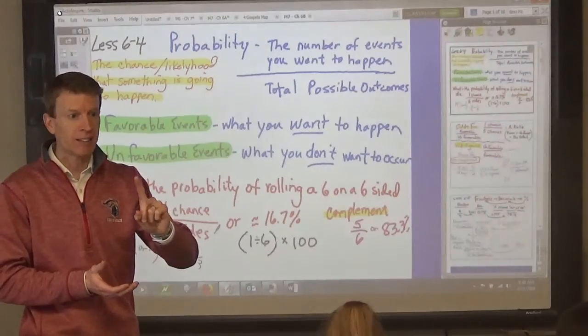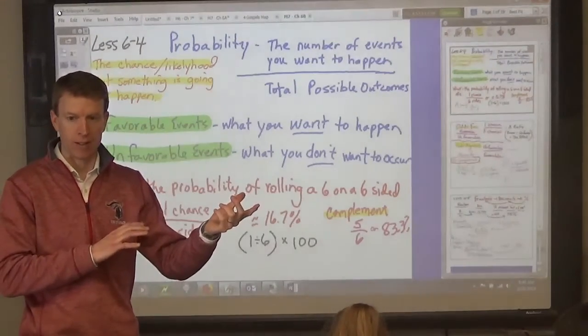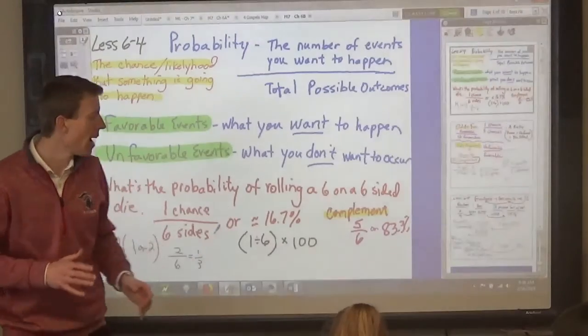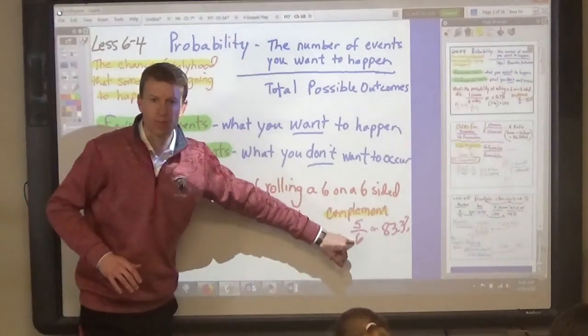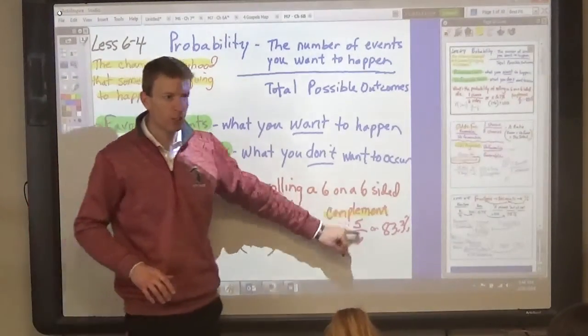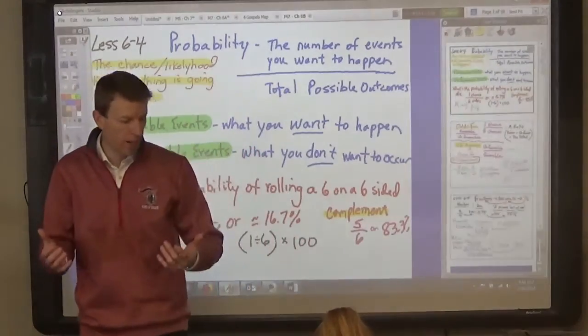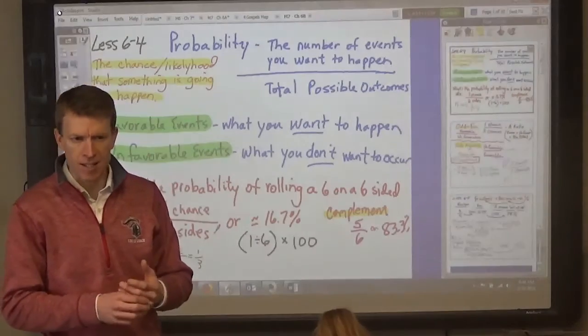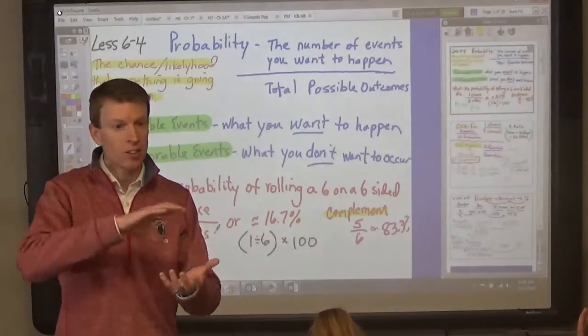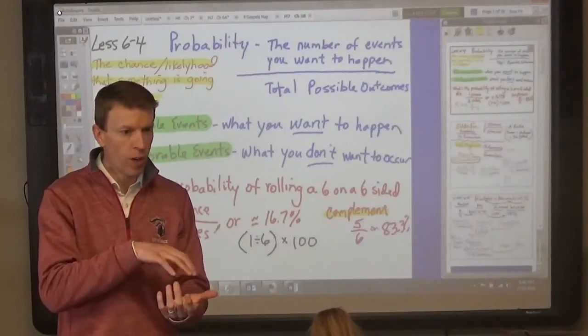The complement is the chances that it won't happen. So then that is 5 out of 6. Or, if you converted that to a percent, it'd be 83.3% chance that it won't happen. Does that make sense? So the complement is always the opposite of what you want.